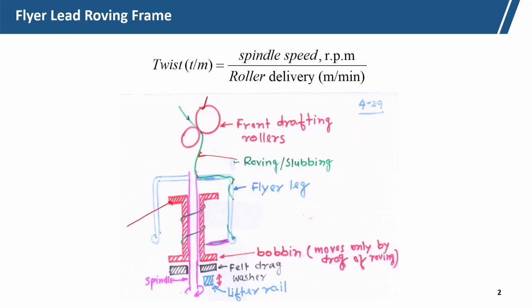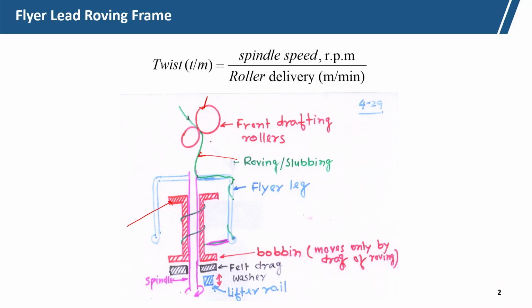The roving actually pulls the bobbin and it follows the flare, and depending on the delivery rate, the lag starts. The lag of the bobbin behind the flare will depend on the delivery rate. The higher the delivery rate, the higher the lag.